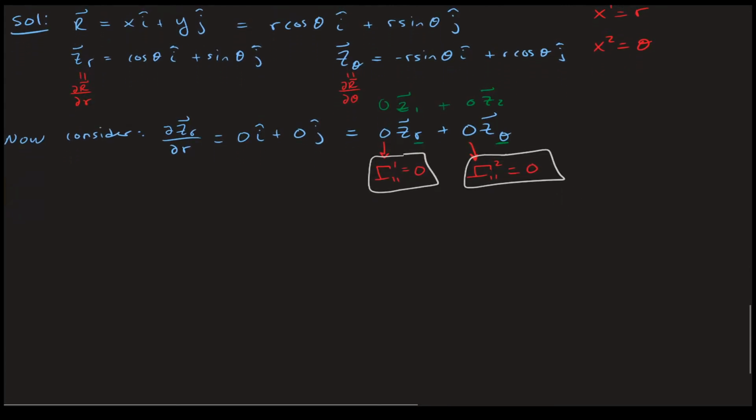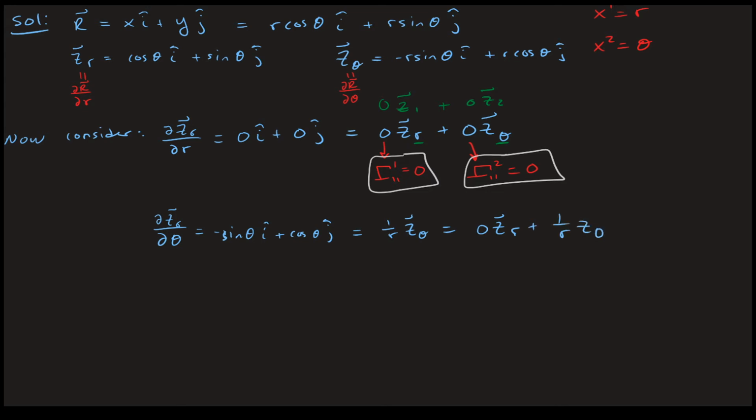Okay, well now take z sub r and differentiate it with respect to theta. So differentiate z r with respect to theta. We get negative sine theta i plus cosine theta j, which looks an awful lot like 1 over r times z sub theta, which we could write as 0 z r plus 1 over r z theta.